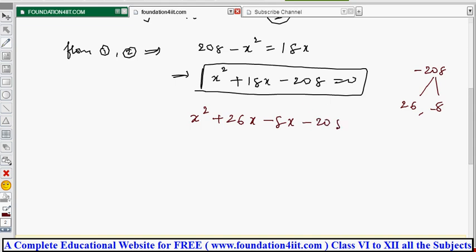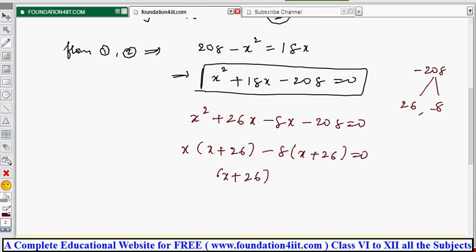Minus 208 is equal to 0. Then take x common from first two terms, minus 8 common from the next two terms, then x plus 26, x minus 8 is equal to 0.